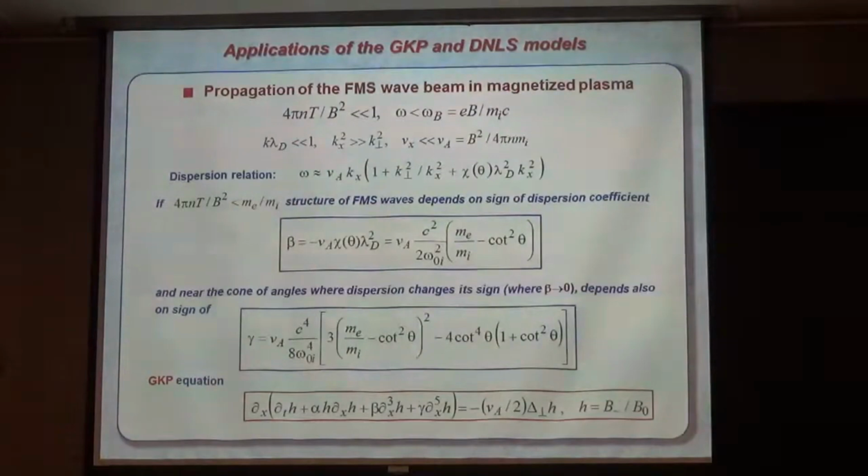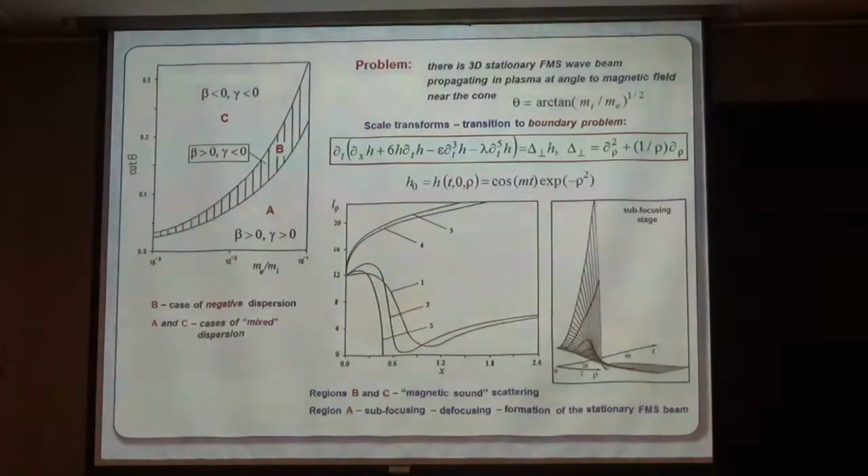But near the cone of angles where dispersion changes its sign, where beta tends to 0, the structure of FMS waves depends also on the sign of the dispersion coefficient gamma. In this case, the GKP equation takes the following form, where H is the dimensionless magnetic field of the wave.